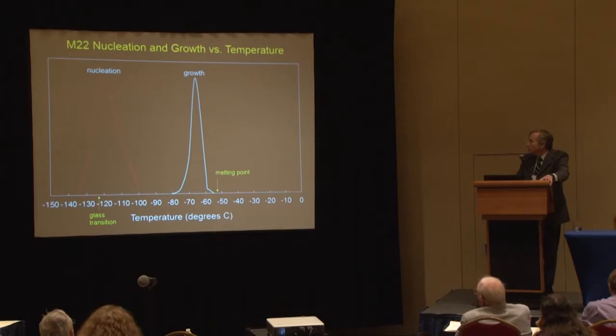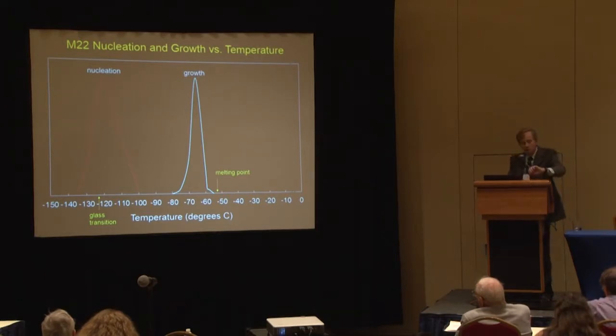So we've shown that we can cool systems through the metastable and unstable zones of the phase diagram. But what about rewarming them? How do we get back to laboratory temperatures again? Several years ago, we did some DSC studies of ice growth rates and ice nucleation rates in our M22 vitrification solution.